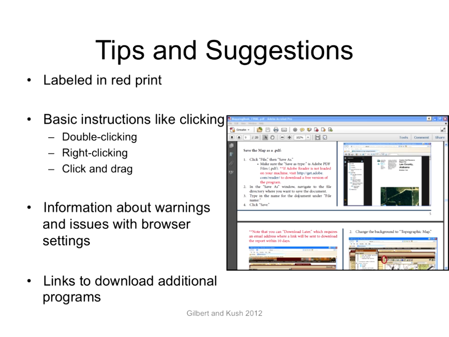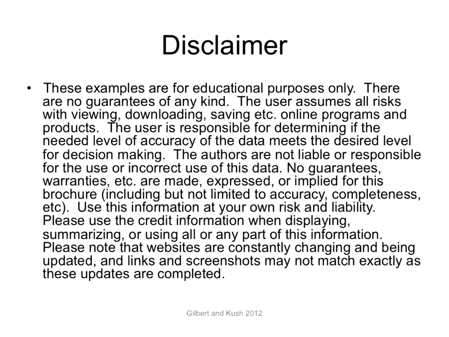So we go all the way back with basic instructions like clicking, double-clicking, right-clicking, and click and drag, to help get over some of those roadblocks so individuals are able to use these tools. We also put in information about warnings and issues with browser settings, and links to additional programs that could supplement this or take you in another direction if that's what you're interested in.